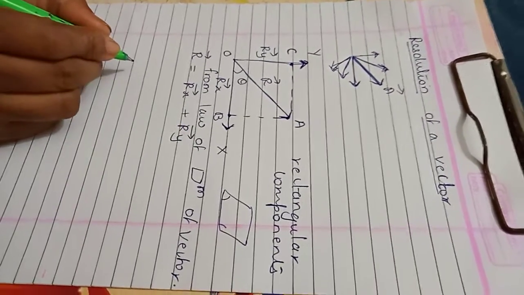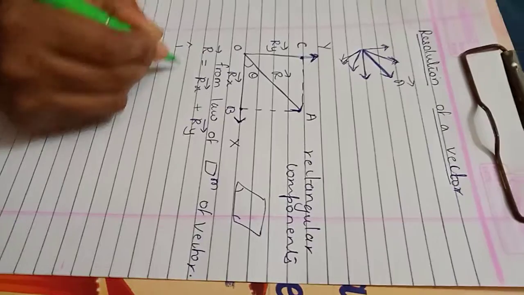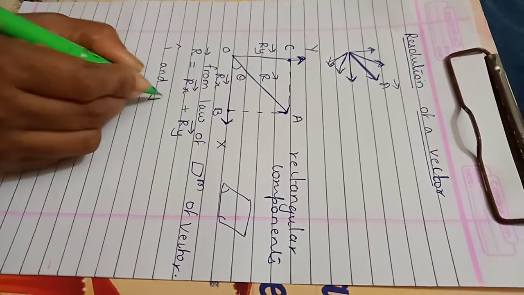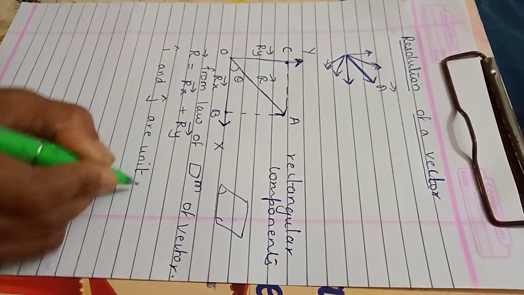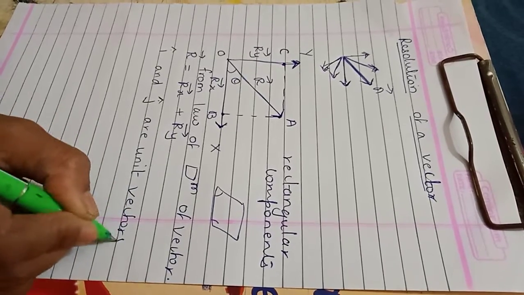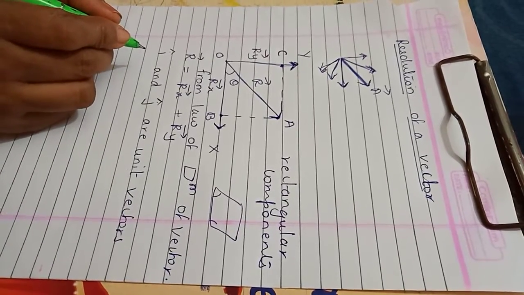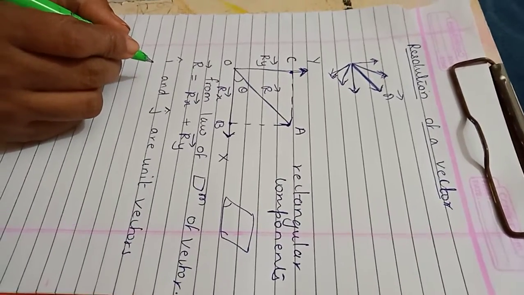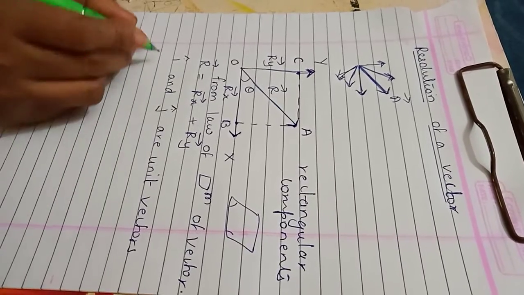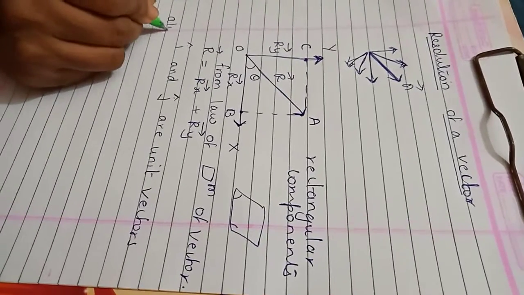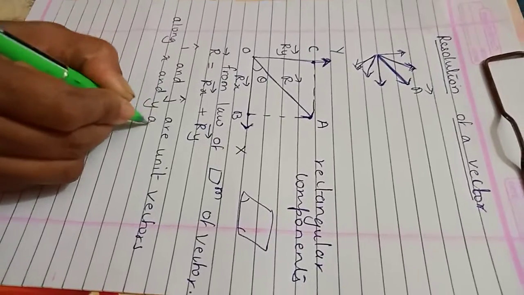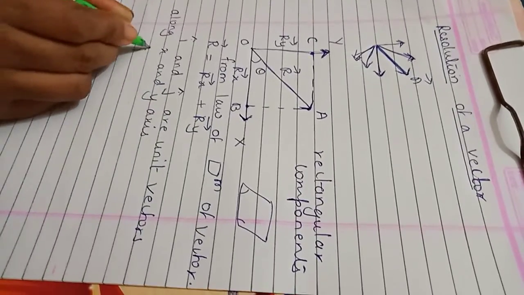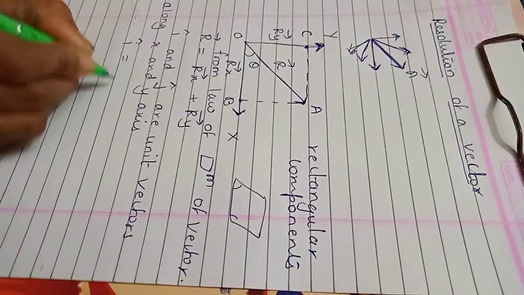I have already cleared one thing, that vector i and vector j are the unit vectors along x and y axis. Unit vector means whose magnitude is 1, measurement is 1. So vector i and vector j are the unit vectors along x and y axis, students. Then tell me, how do you represent a unit vector?